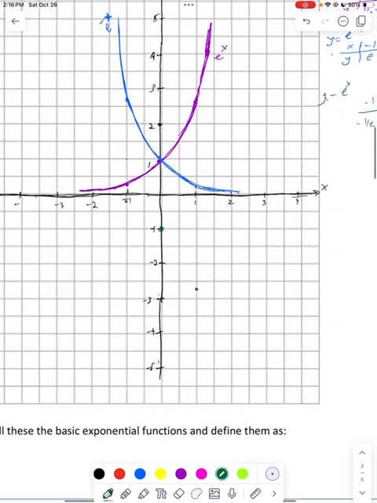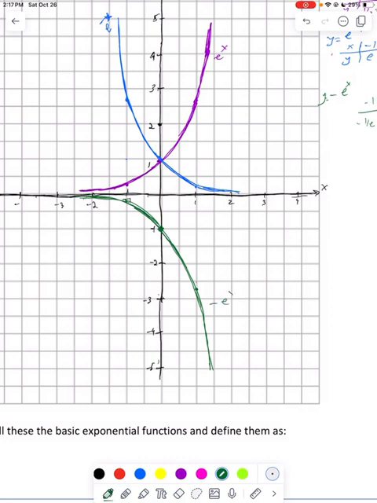Again, we now join these points. If you notice, this is the reflection of e to the x about the x-axis, which is what it should be, because it says negative of e to the x.